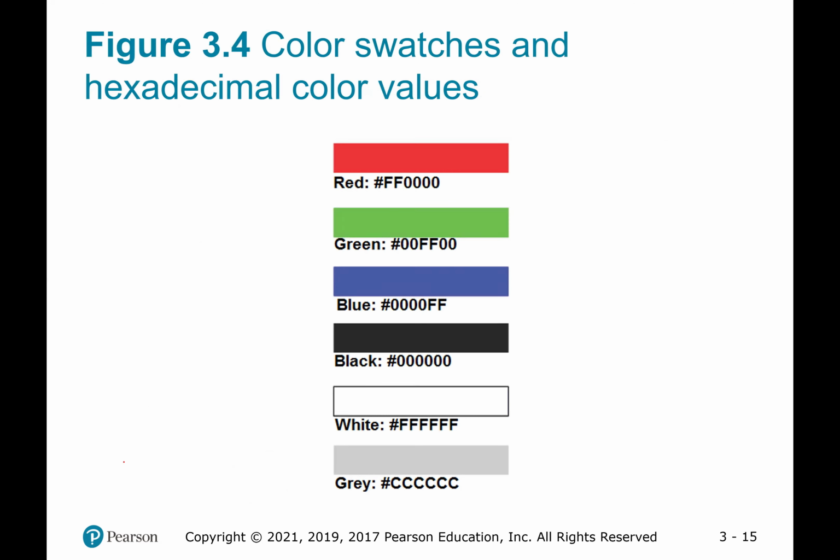So this is something we already know. Red means actually 255 0 0, right? Green means 0 255 0, right? Black means all 0. White means everything is 255, and gray is this.